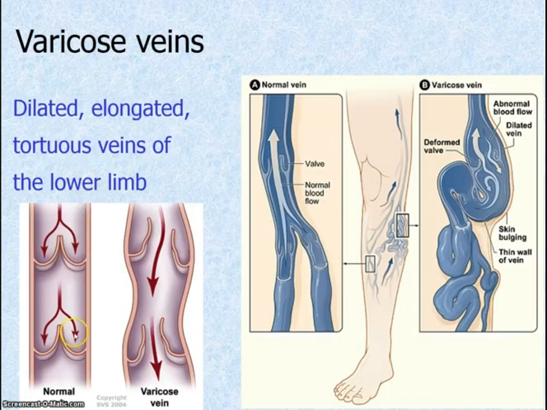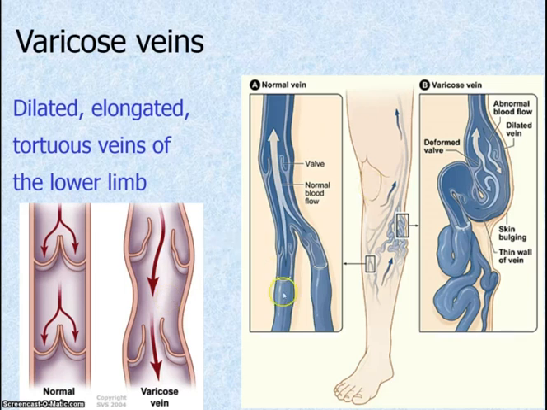You can see in this diagram the situation in a normal person, where the valves in the superficial veins directed towards the heart prevent backflow of blood. Now in this condition, varicose veins, the valves are defective, therefore blood flows backwards and gets collected inside the veins, elongating them, dilating them, and making them tortuous.